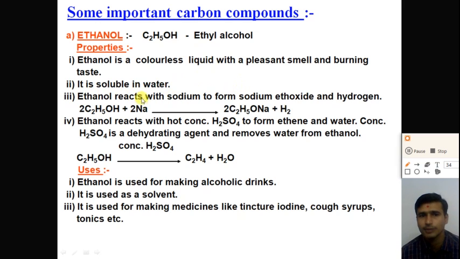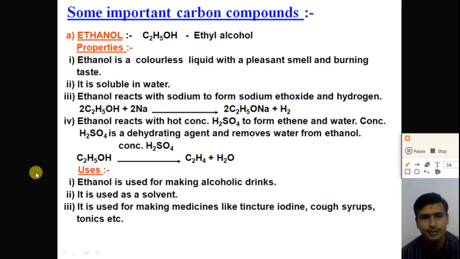Third property, ethanol reacts with sodium to form sodium ethoxide, right? The reaction is C2H5OH plus Na gives C2H5ONa plus H2. To balance this equation, we need to add 2 here and 2 here, right?